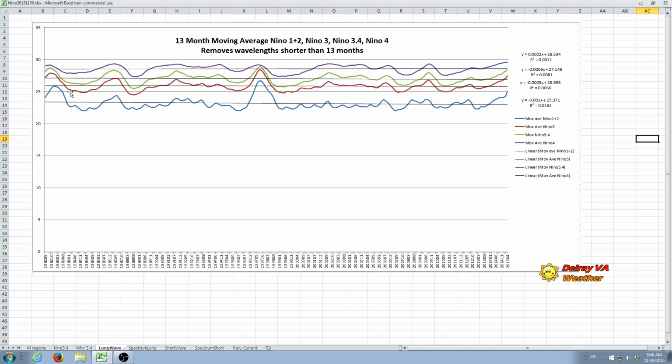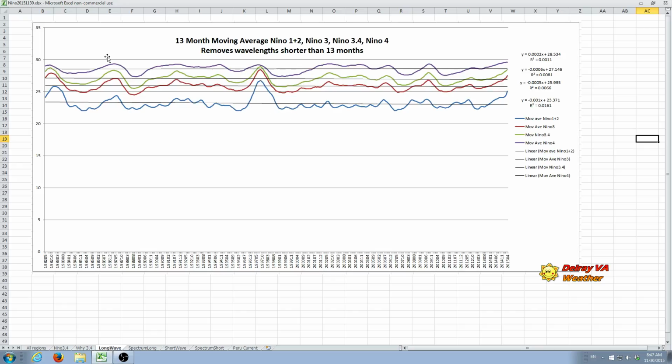Normally, the coldest is the Nino 1+2, warmer is the 3, even warmer is the 3.4, and the warmest is the 4. During the 97, 98 El Nino, we had these 3 very close to being equal, and we had the Nino 1+2 much above its normal value.